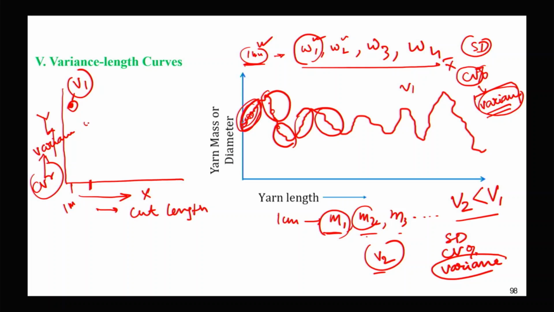So here we are putting variance V2. With the same process, if we take, say, a 1 meter cut, this will be further reduced, V3, for 1 meter cut.